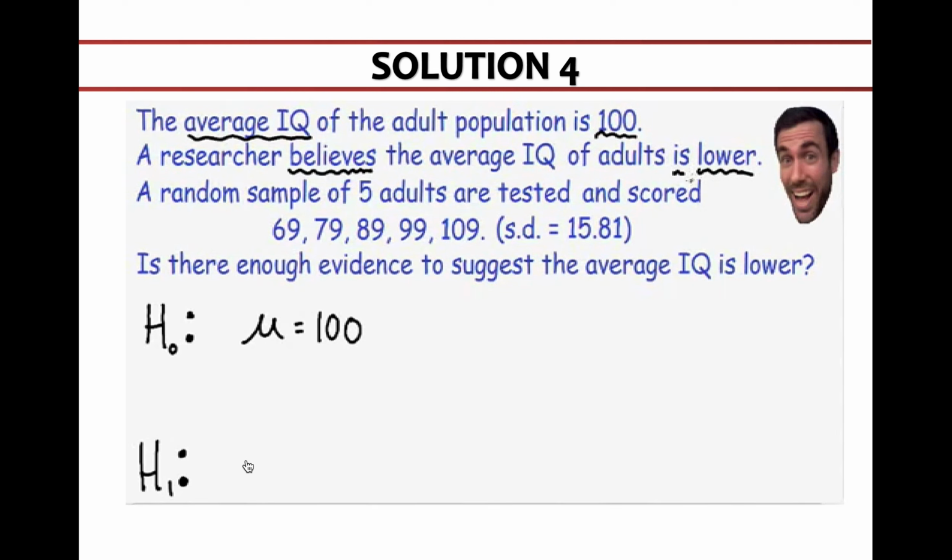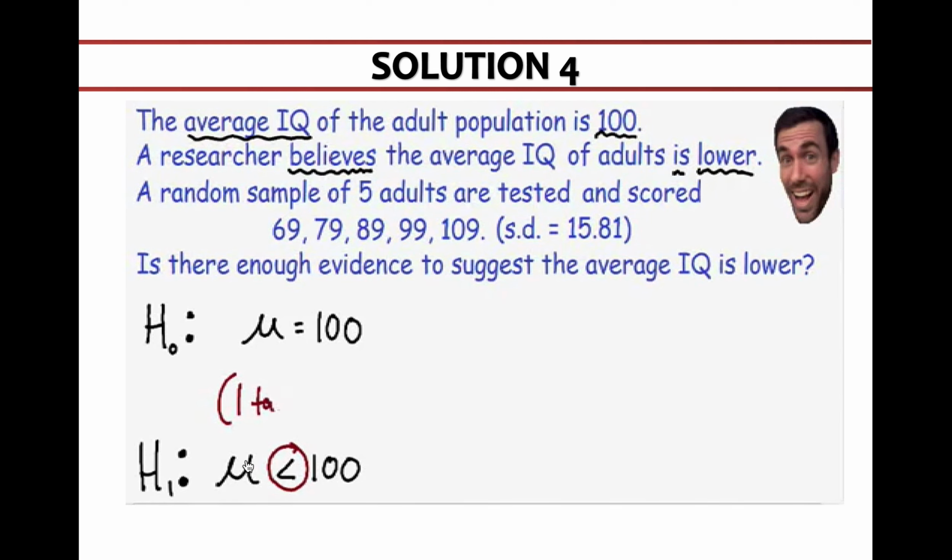He's claiming that the average has gone down, it's decreased. So our alternative hypothesis is that the average, written with the Greek letter mu, is lower than 100. It has decreased. So our alternative hypothesis is that the average is less than 100. And anytime the alternative hypothesis is written with a less than or greater than symbol, this means we're going to perform a one-tailed test.